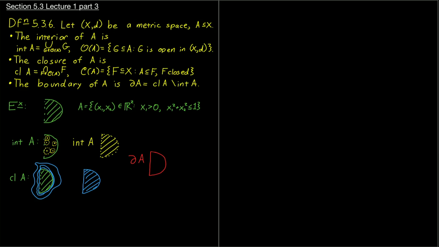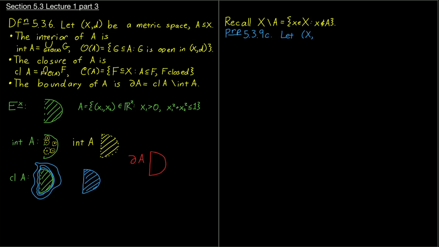So remember, the complement of a set, we write that as X minus A. That's the set of all points that are in X that are not in A. And next, we're going to prove something about the interior and closure of the complement and how that relates to the interior and closure of the set.